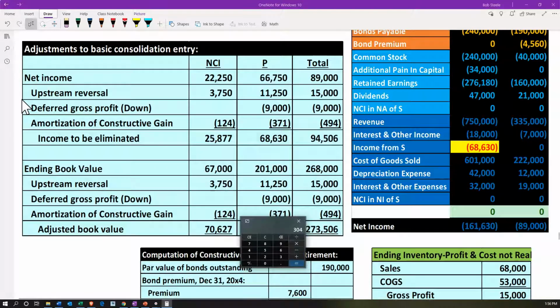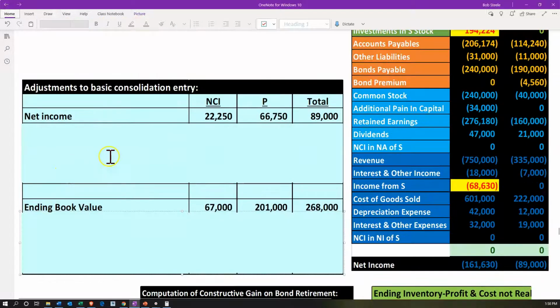Okay, so now let's think about our first journal entry, and we're going to do a similar kind of adjustment that we've done in the past for that first journal entry, so that when we're comparing the net income and the book value. So the starting point of our journal entry will typically be the net income of S and then the book value of S. The net income is recorded here on S's trial balance at the 89,000.